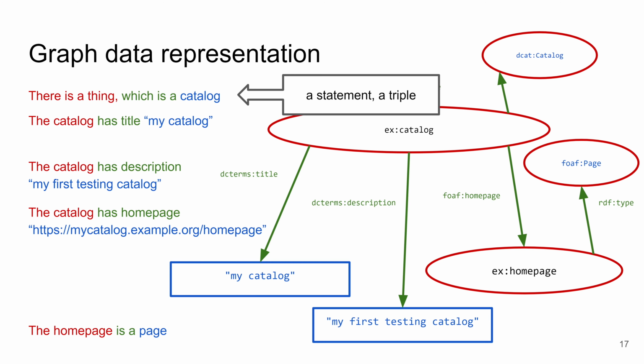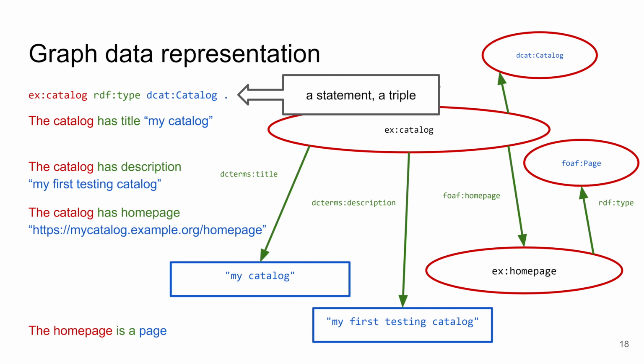But in the second sentence, for instance, the third part is a simple value. And we call these parts of the triple subject, which is the thing we talk about, the red part, predicate, which is the type of edge we use to connect this thing to another thing or value, and object, which is the other thing or the value. Subject, predicate, object.